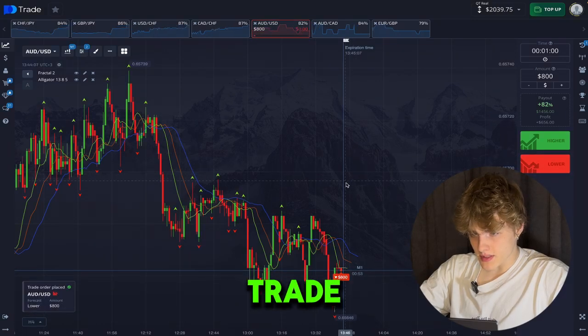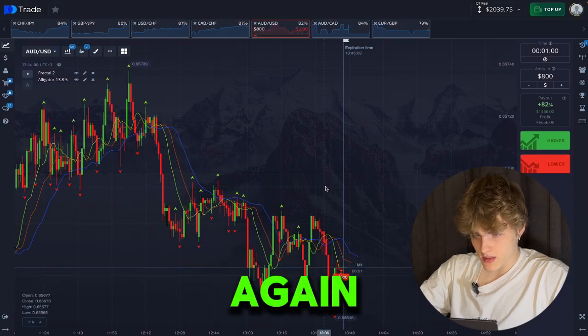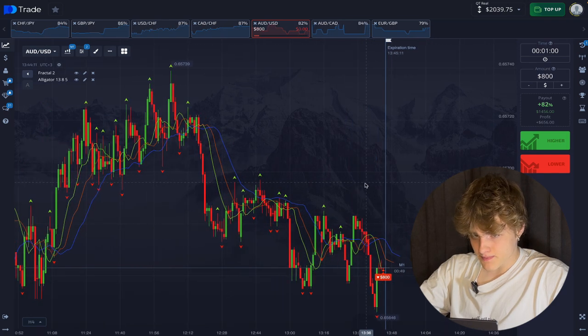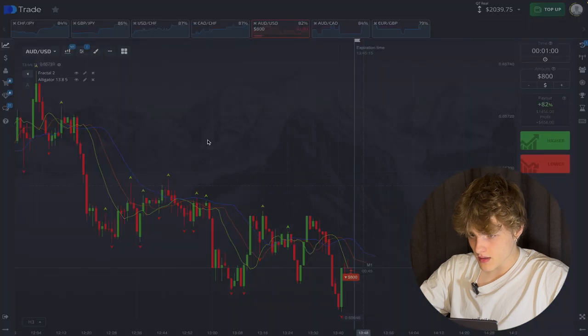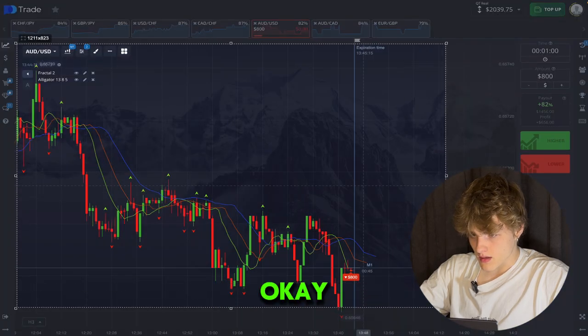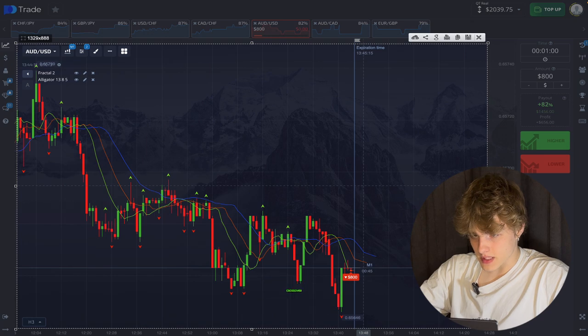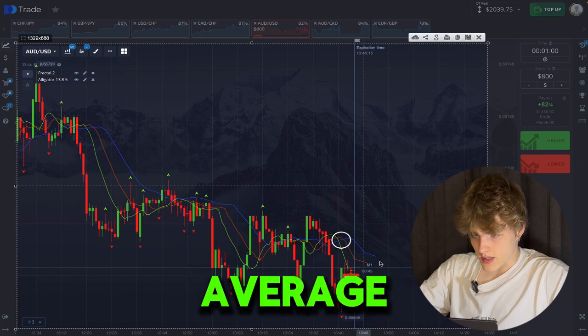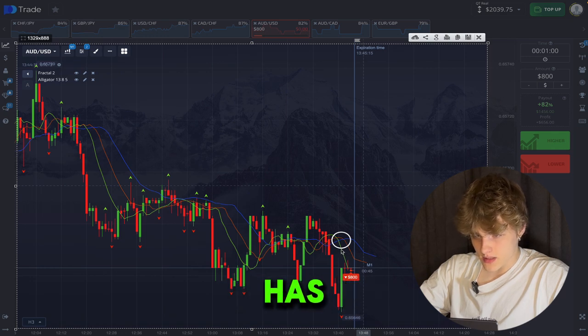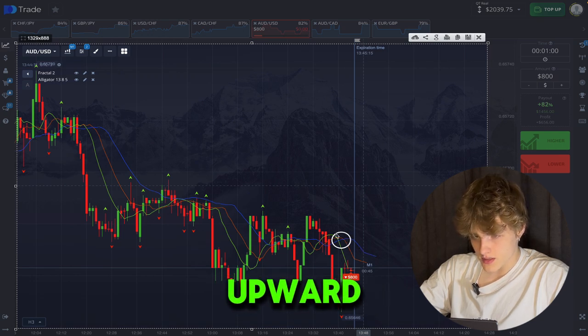Here we'll also open a trade to the downside, once again following the trend. Let's highlight the working area. Okay, here we have the crossover of the alligator's moving averages. The moving average called the lips has moved downward, while the moving average called the jaw has moved upward.